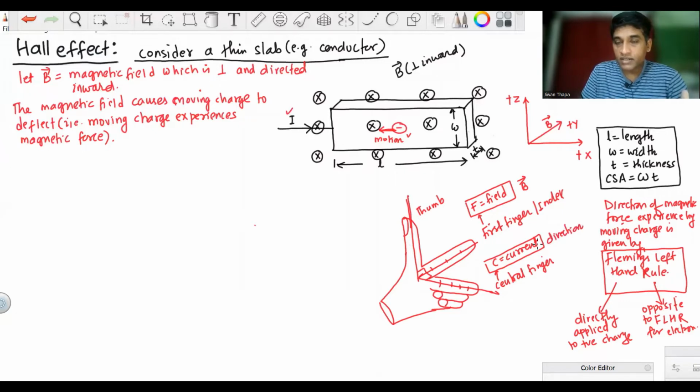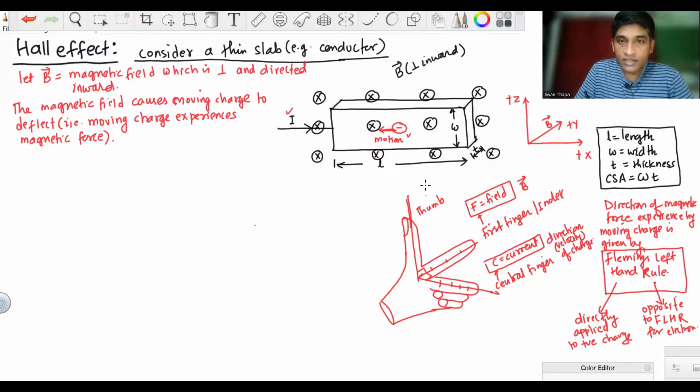It gives the direction because current represents flow of charge or motion of charge. So it gives the direction, or let's say velocity, of charge, or the direction of velocity of the charge.